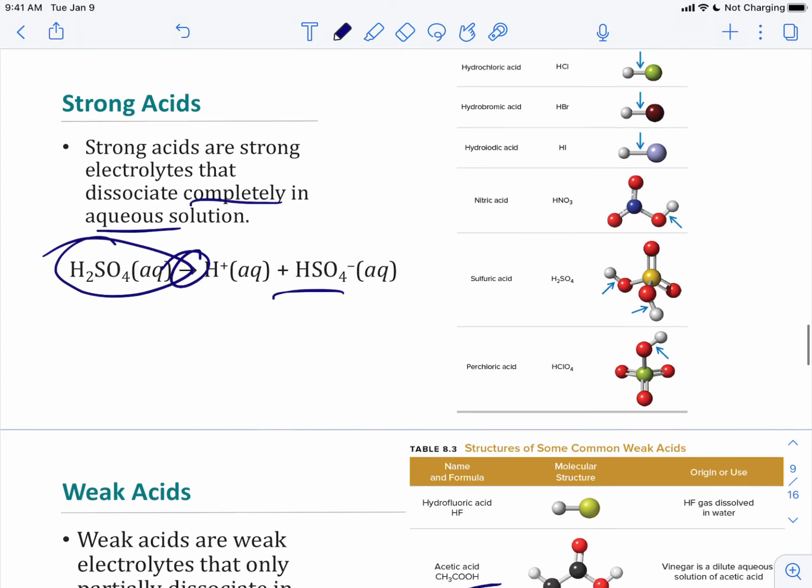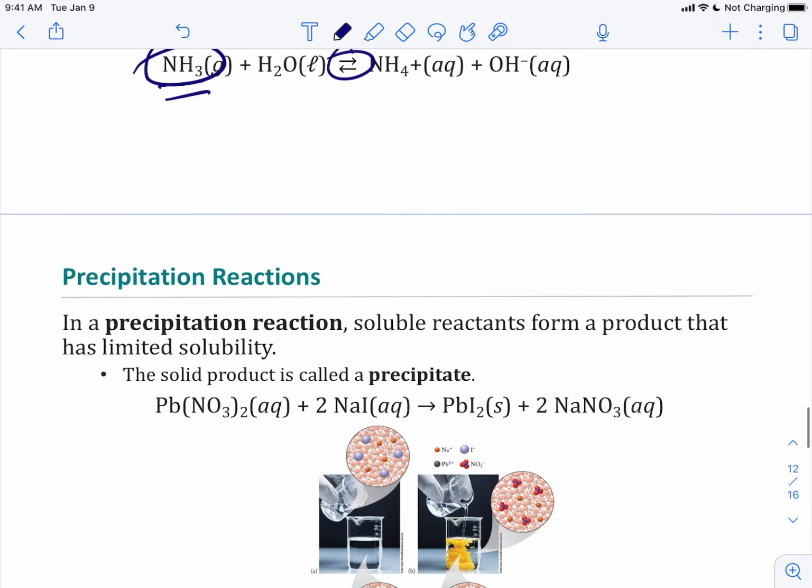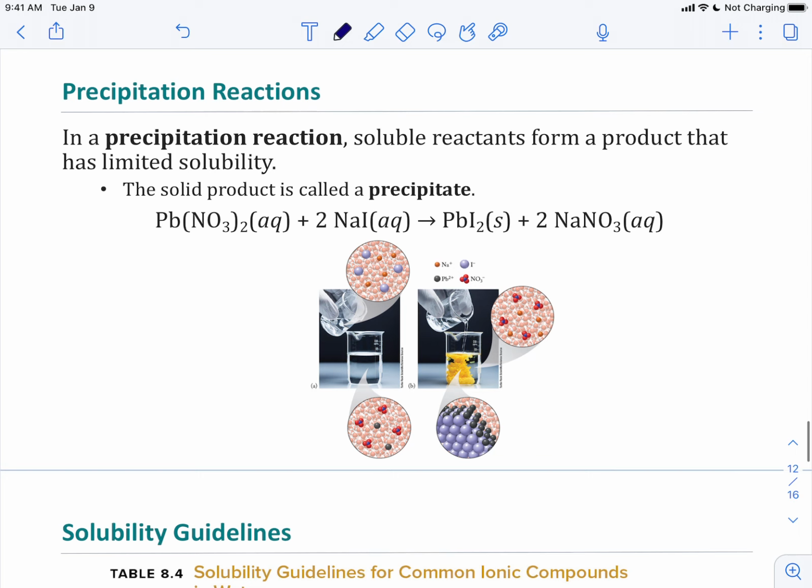So we need to now take a look at precipitation reactions. And in a precipitation reaction, the product has limited solubility. So in this case, we have two species reactant, lead nitrate and sodium iodide. Okay? And these are both aqueous, meaning they're present in solution.